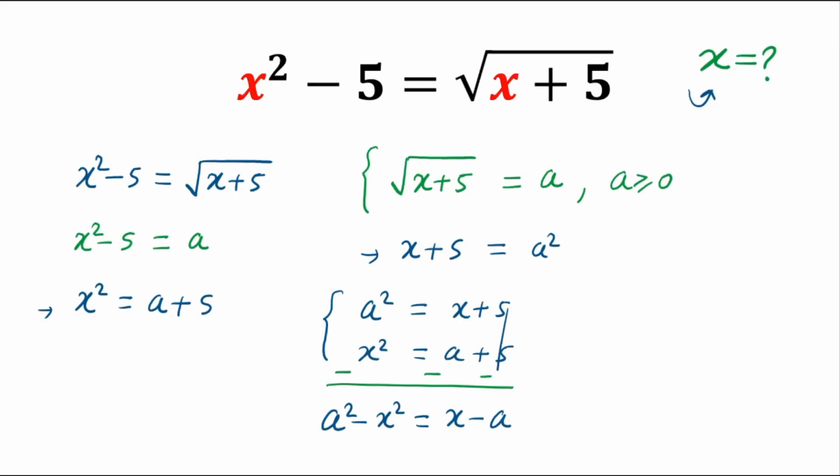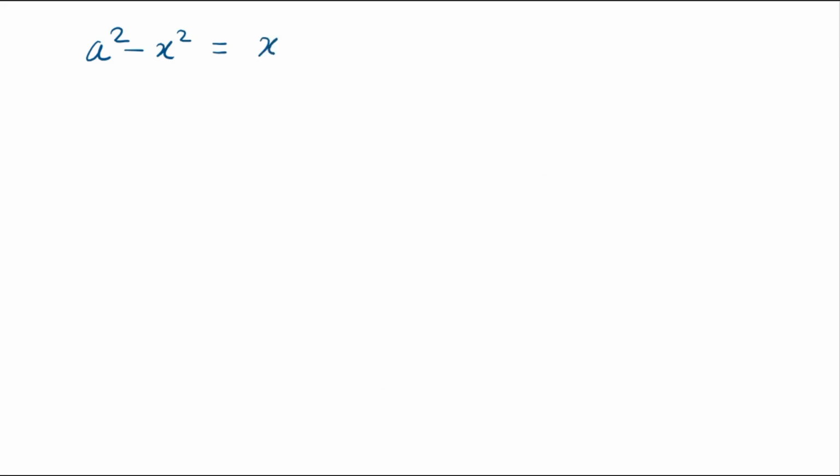On the left hand side, a square minus x square, equals, on the right hand side, x minus a. This is a difference between two squares, and this is the same as a plus x multiplied by a minus x. Now this minus a, if we take it to the left hand side, then this is plus a, and this is plus x. If we take it to the left hand side, then this is minus x, and this equals 0.